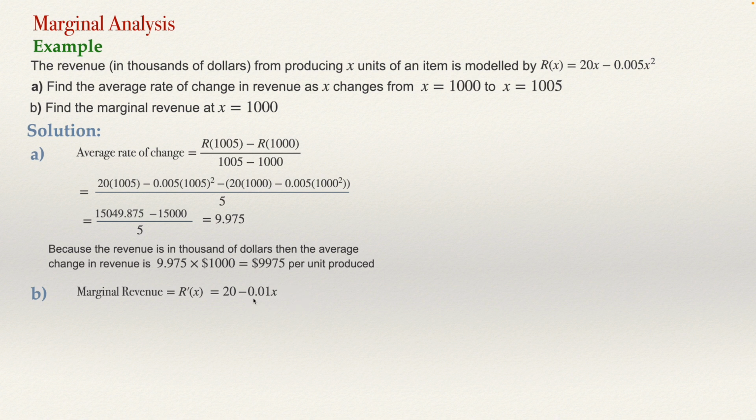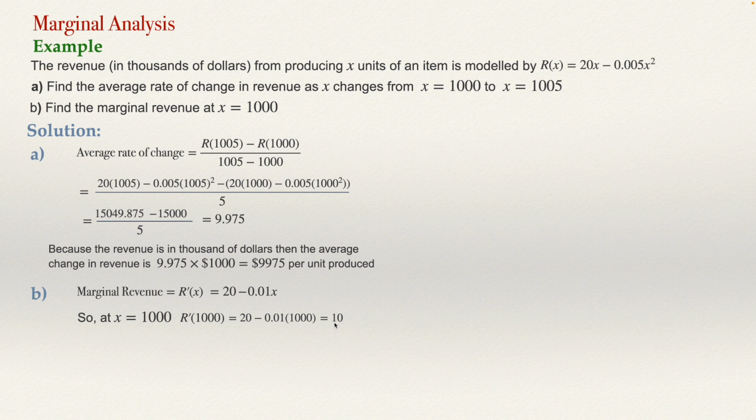The question is to find the marginal revenue at x equal 1000, so you are going to substitute the value of x by 1000. At x equal 1000, the marginal revenue at that point will be 20 minus 0.01 times 1000. Doing that, 20 minus 10 will be equal to 10 per unit produced.